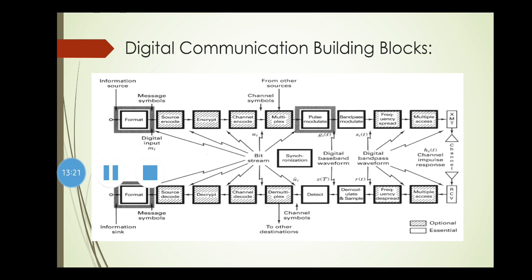Next is the frequency spreading block, which is present between your modulation and the multiple access. This frequency spreading block is going to produce a signal which is relatively invulnerable to interference. When I say invulnerable to interference, it is not going to get affected by any other signals in nature or by intentionally generated noise.